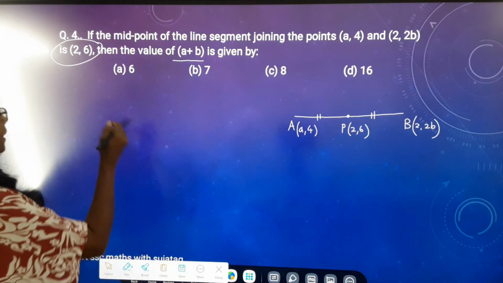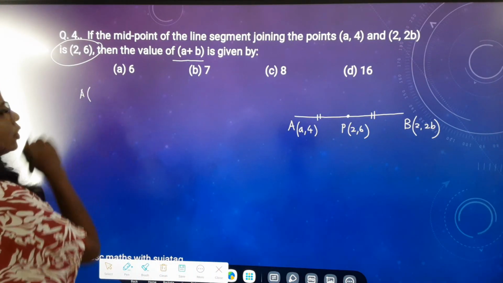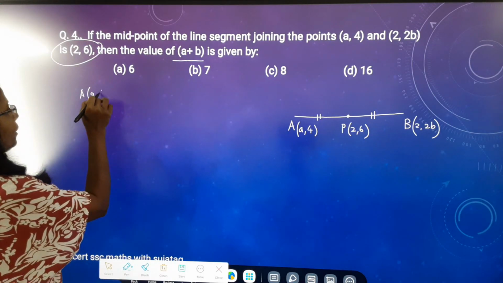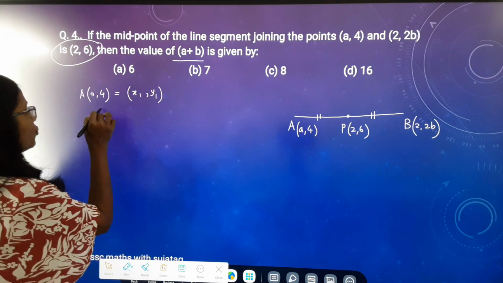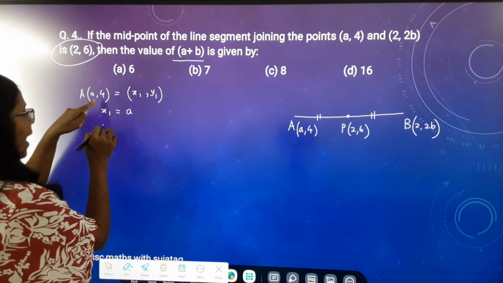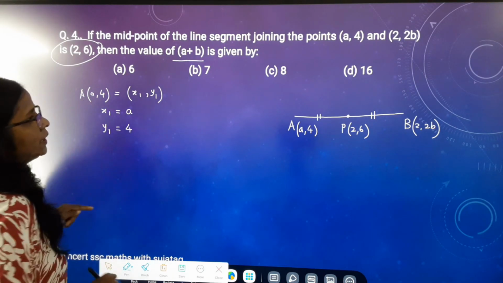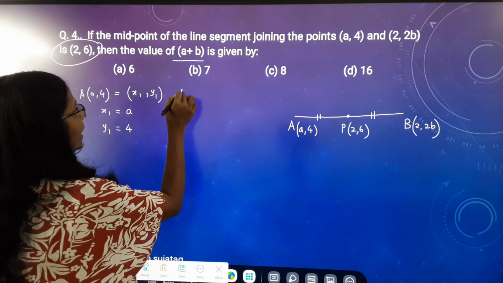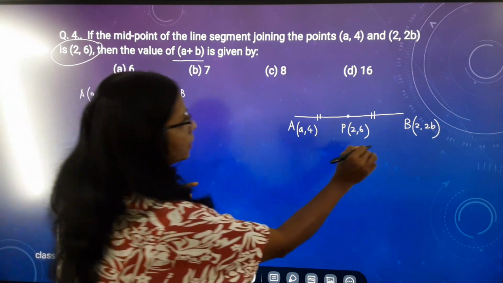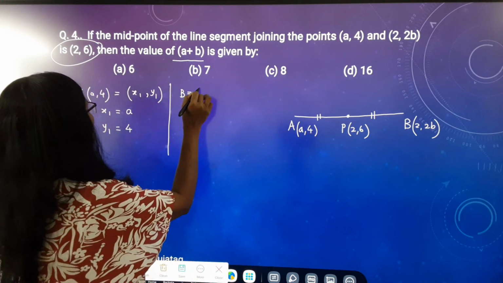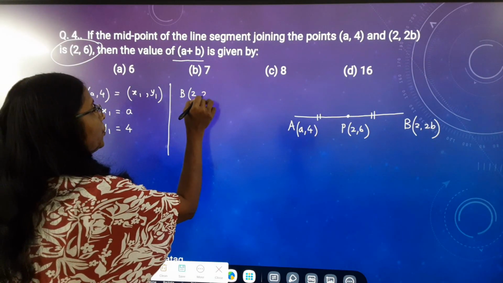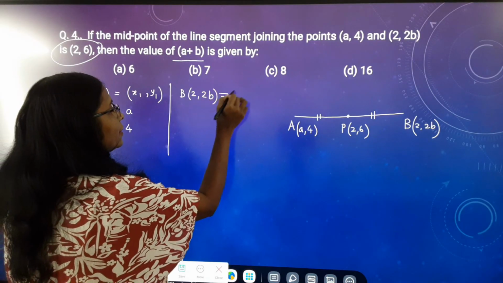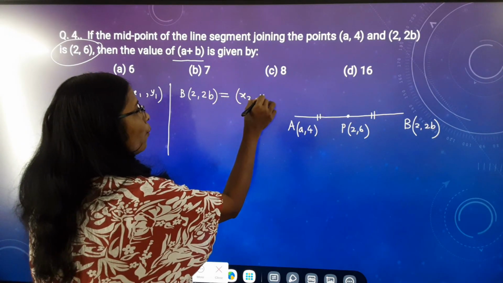So let us see. Here I write the coordinate of A, that is (a, 4), and consider that as (x1, y1). So x1 is equal to a and y1 is equal to 4. Then the coordinates of B are (2, 2b), and consider that as the coordinates (x2, y2).